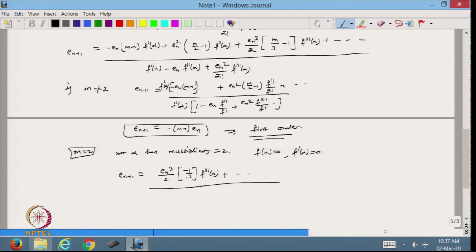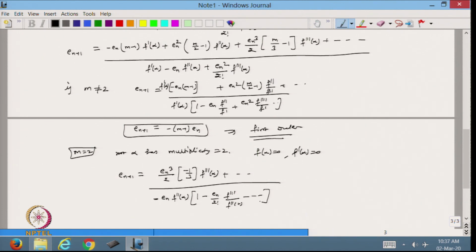So, from here I can take E n f double dash alpha common, maybe with a minus sign, and then from here I can write 1 minus. So, E n will be common. So, it is E n by 2 factorial f triple dash by f double dash and so on.